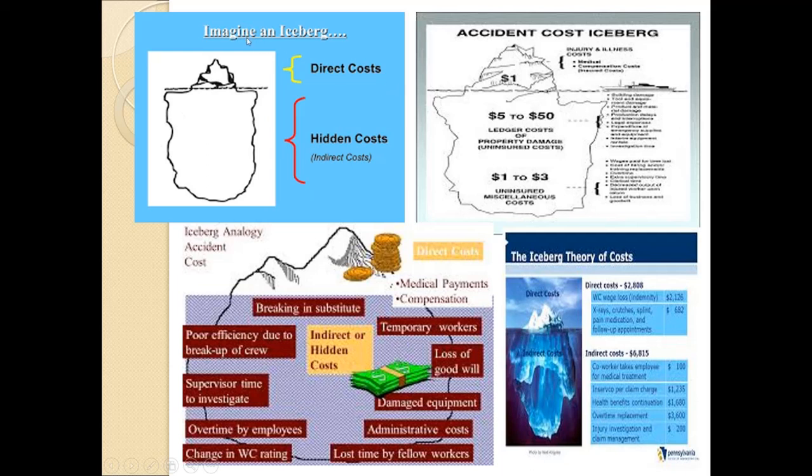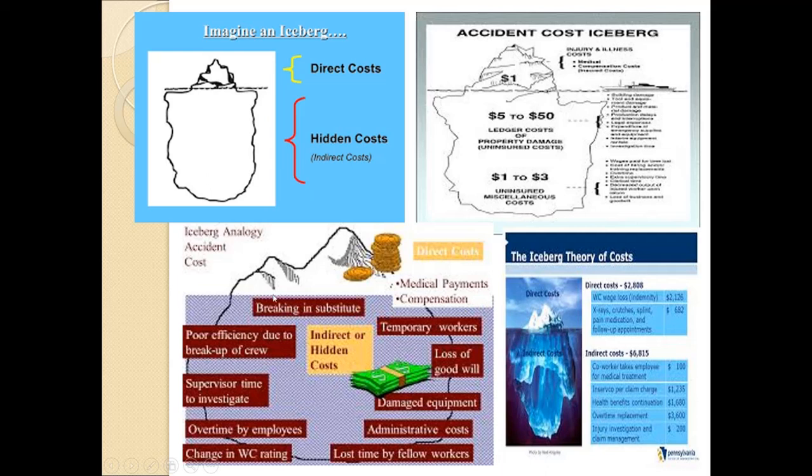Okay, imagine an iceberg. Normally, the small one is direct. The largest one is called hidden cost. Okay, this is the iceberg analogy of accident cost. Normally direct cost we will see for the medical payment, compensation.